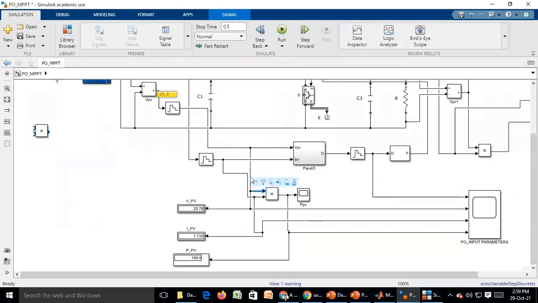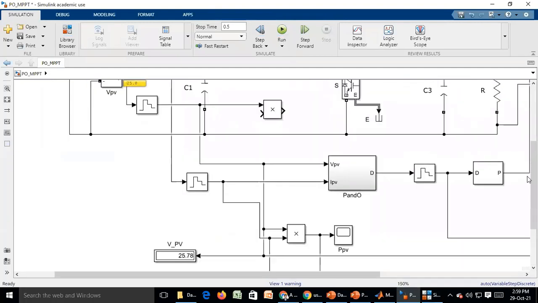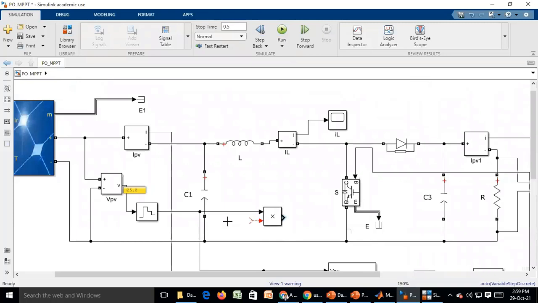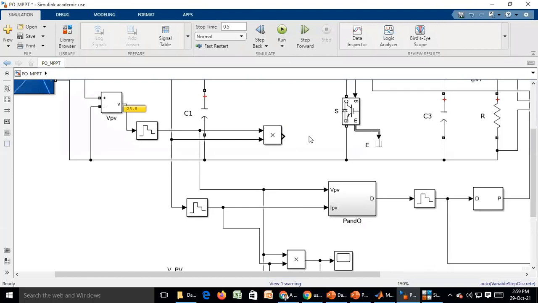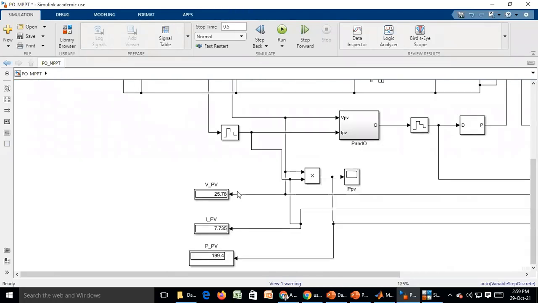To the product block, one input is current and the other input is voltage, so V into I, you got P. Is it clear? If you connect a display block, then you will get the power. So we got 25.7 volts VPV output, 7.7 amps IPV output, and 200 watts of power.